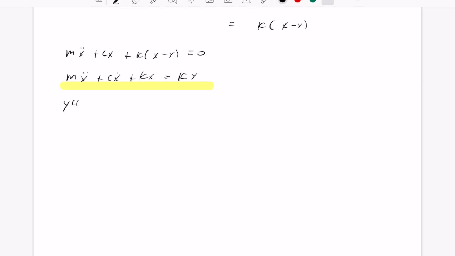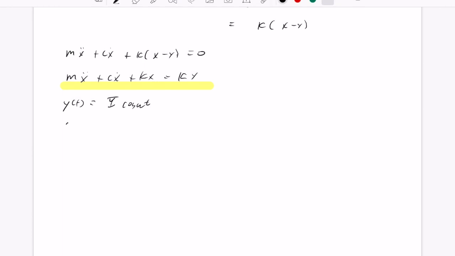So we're going to assume our input is y equals cosine omega t. Now, it doesn't matter if it's cosine or sine. Everything works out exactly the same, actually. Maybe the phase shift might be different, but you can do the math on sine or cosine.